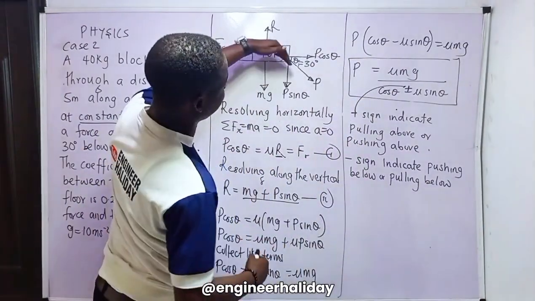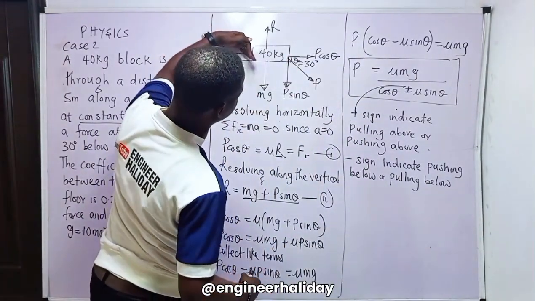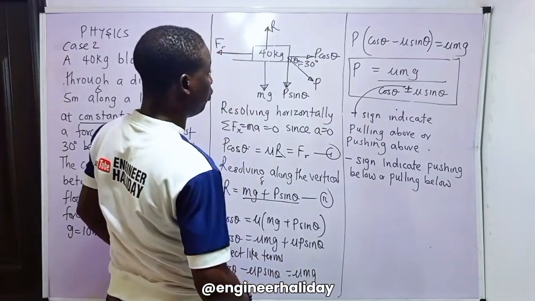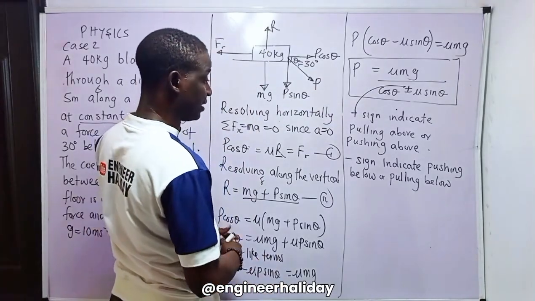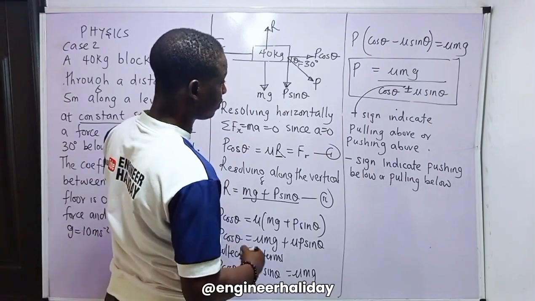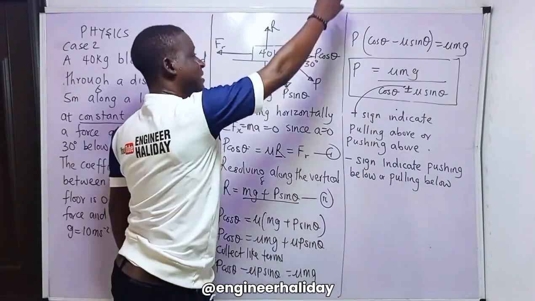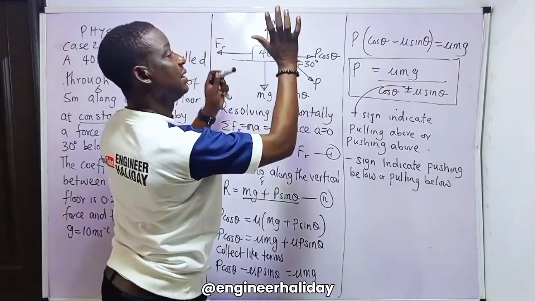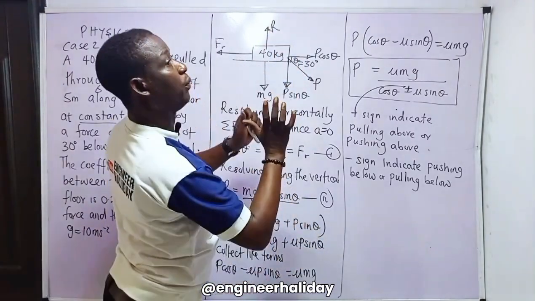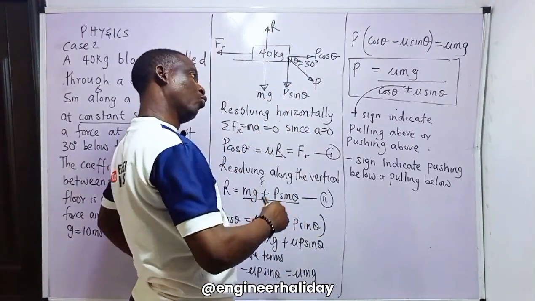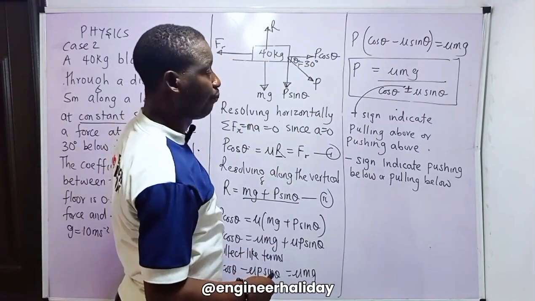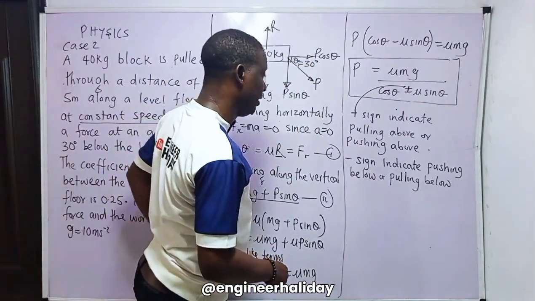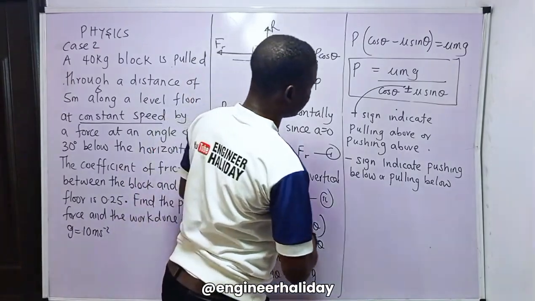When you pull above, you want to raise the object, and when you push above, you are also trying to raise it, like pulling up. Then pushing below means the same thing as pulling below. So that is just that.